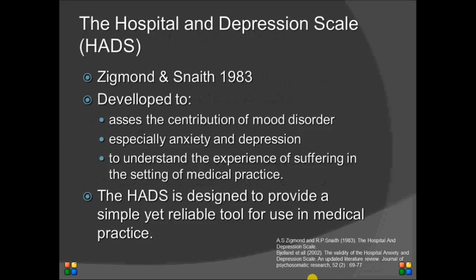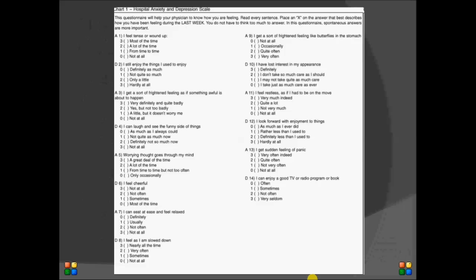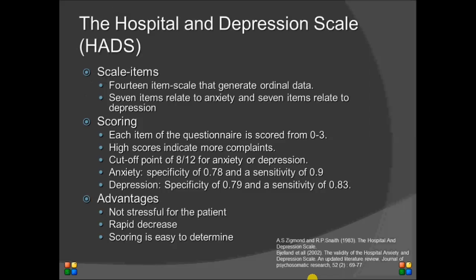Then I just mentioned it, we are now using the Hospital Anxiety and Depression Scale, the HADS score, to see if patients have psychological changes. And I won't go into detail there. This is more a thing to investigate.